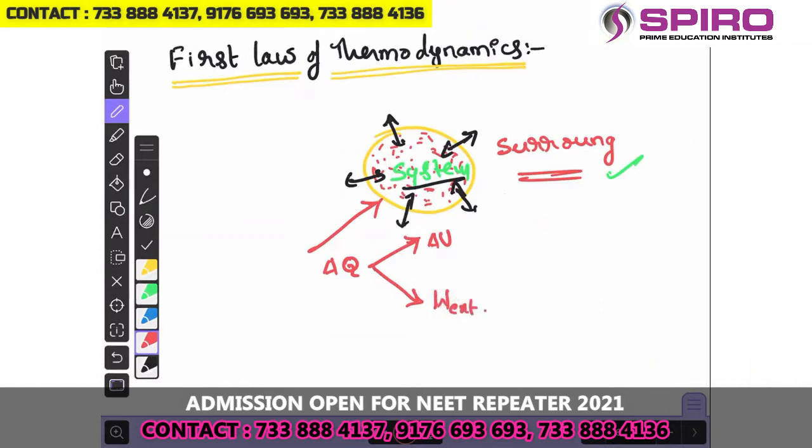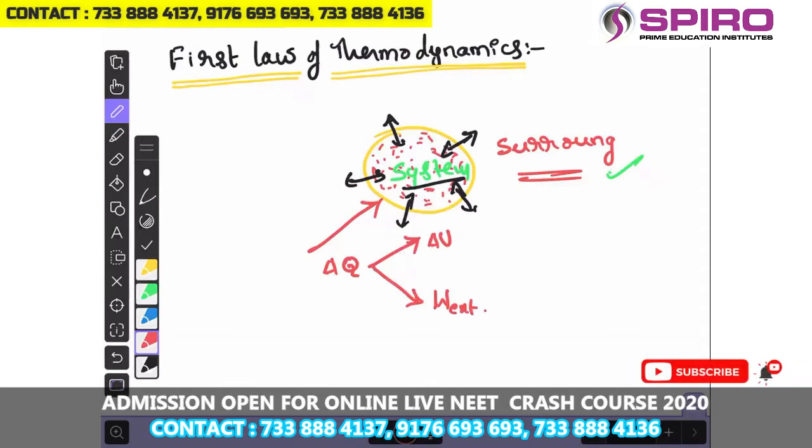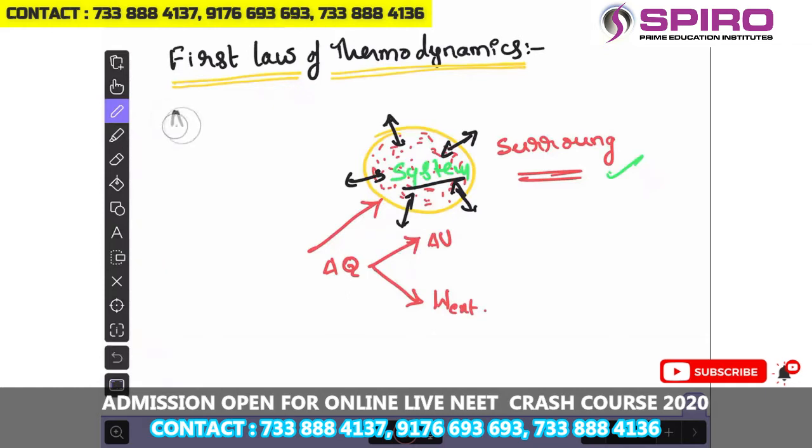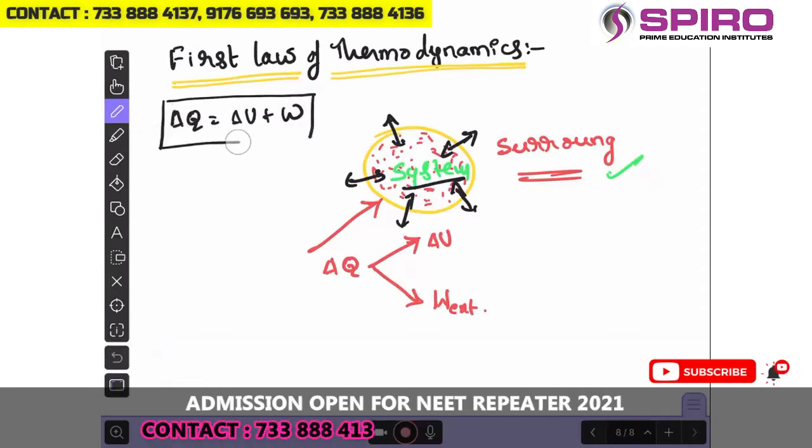So the first law of thermodynamics can be written as delta Q is equal to delta U plus W, the very fundamental form of the first law.